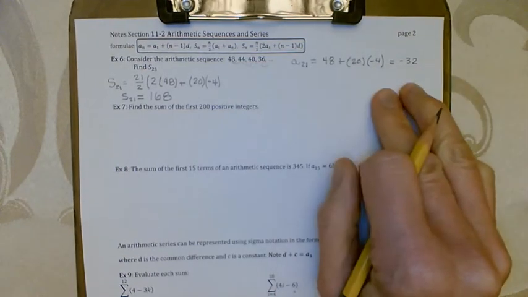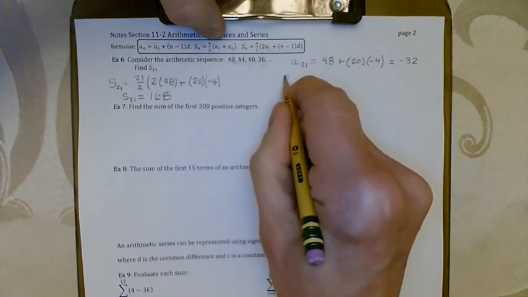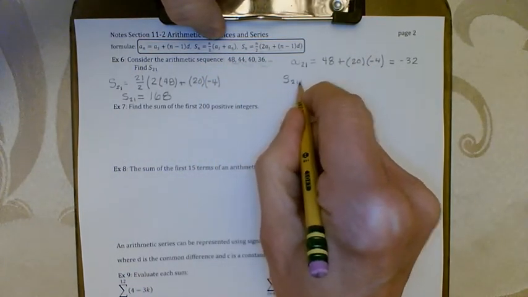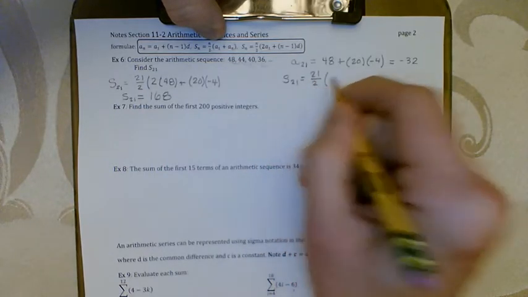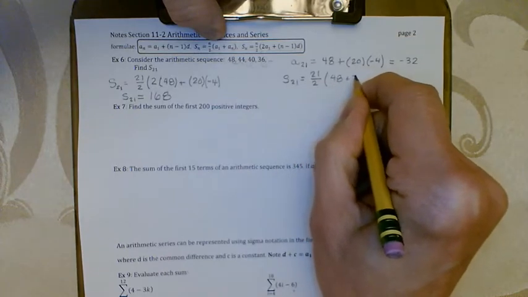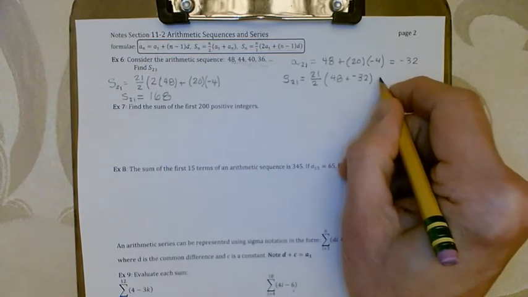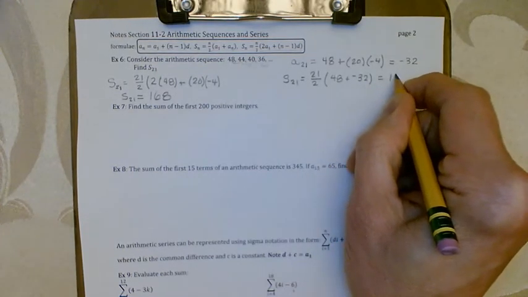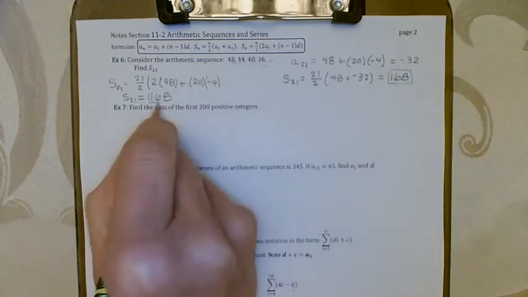Now, knowing that term, we can go back and use this formula for the total sum. The sum of the first 21 terms would then be 21 over 2, the first term 48, plus the negative 32, and that again would give us the 168. So either way, you get the same value.